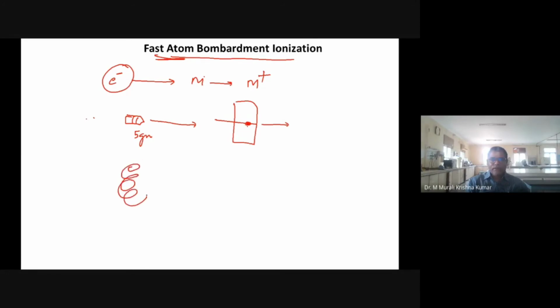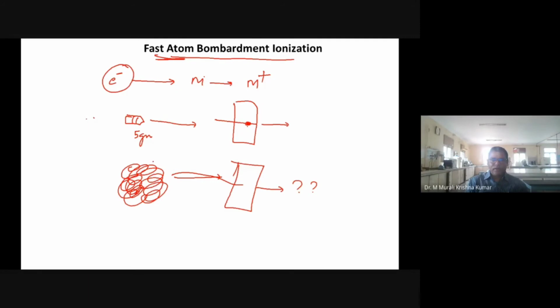Let's say you have a cotton ball, and you give the same energy to it. Do you think it can go through this object?